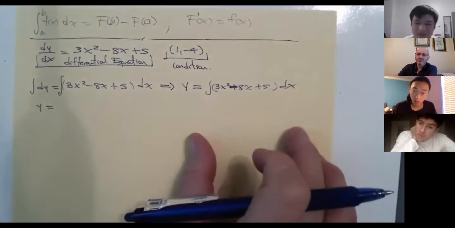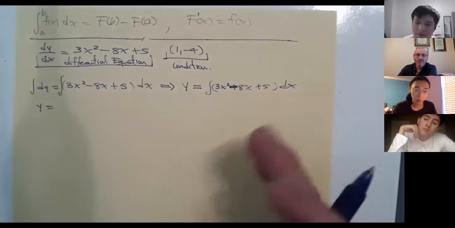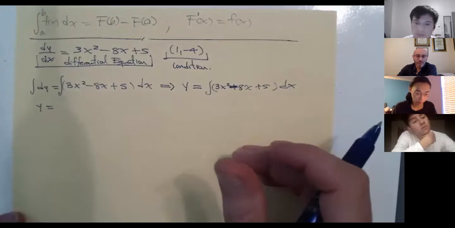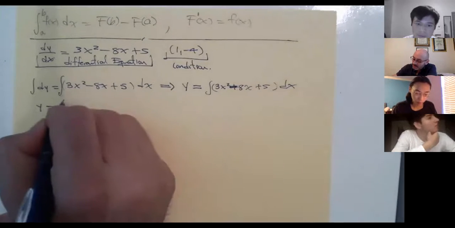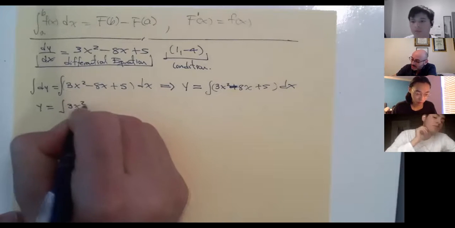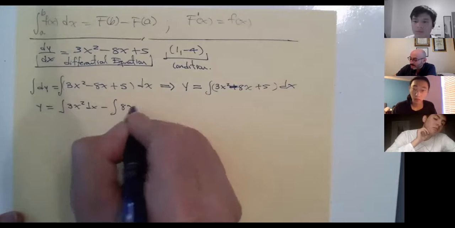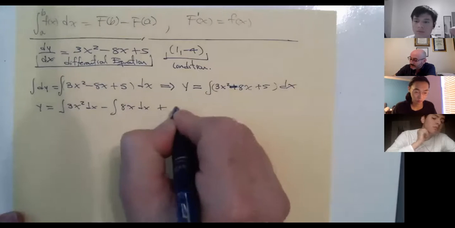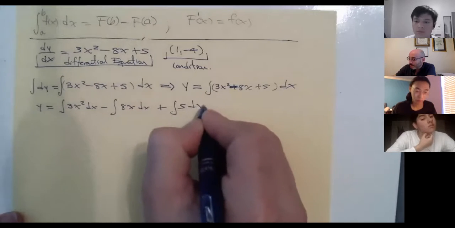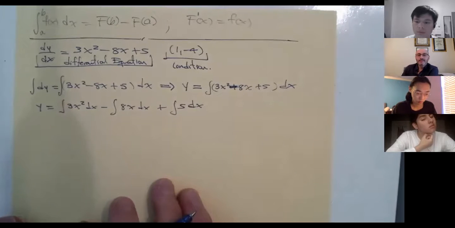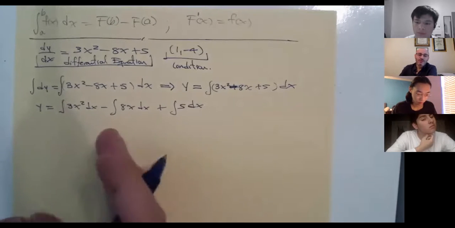You don't have to do that every time. I'm going to do it for the purpose of explaining. But in reality, we can think of this as 3 separate antiderivatives, and then we just solve each one of them.